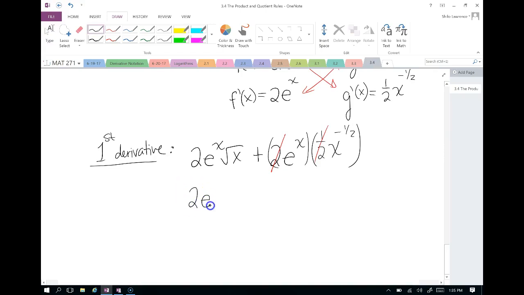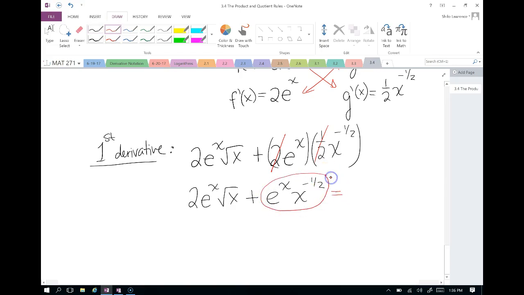So this is 2e to the x square root x plus e to the x times x to the negative 1/2. Now again, I didn't rewrite x to the negative 1/2 yet because I'm not done with the problem. Now, if I was going to submit this as an answer, I would want to rewrite x to the negative 1/2 a little bit nicer.